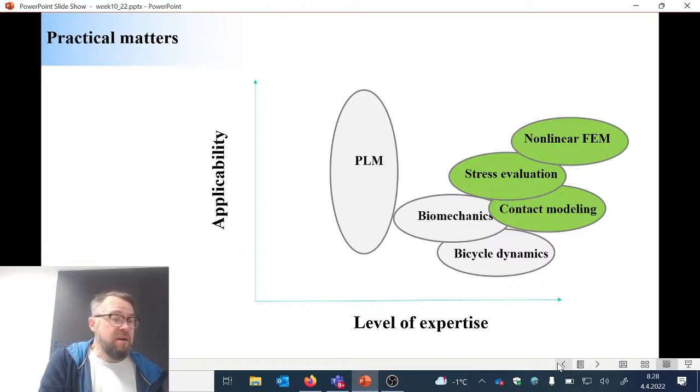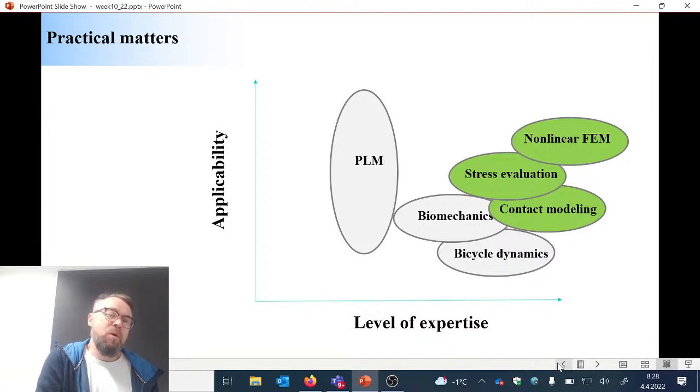This figure is put in a coordinate system where the x-axis refers to the level of expertise, meaning how good you need to be to apply or be active in this particular field.